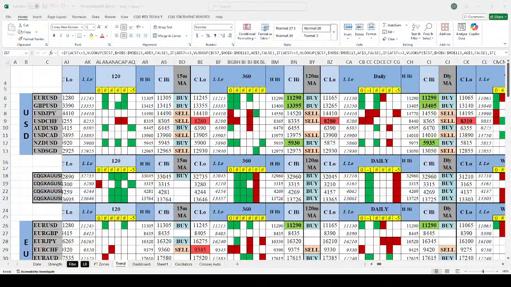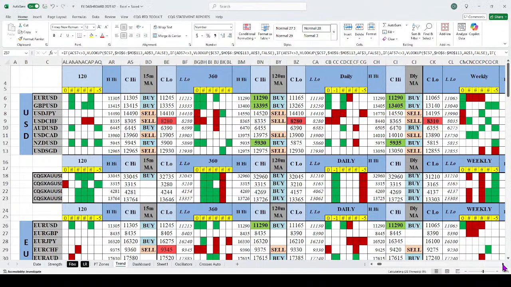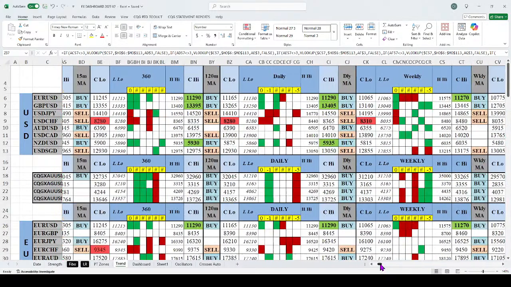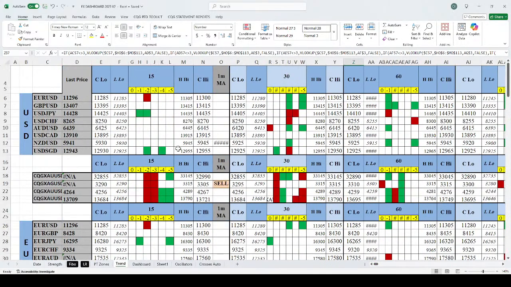Okay, we are seeing strength on the New Zealand dollar. Daily high, 360 high, and weekly flat, monthly flat. But your 15 minute, 30 minutes, 60 minutes are all lacking strength, which means this is a false break.